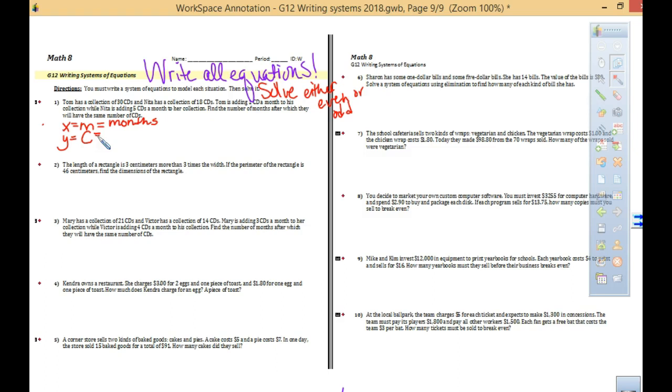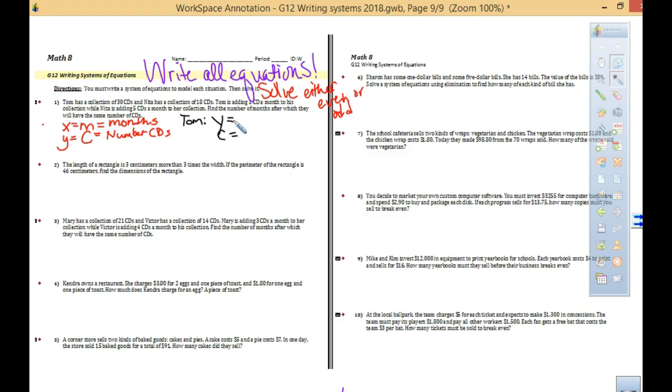So this is in your workbook. Because this is the number of CDs. Okay? And as I look at it, I am now going to do first for Tom. Tom's equation might be y, or depending if you like to use c. What's happening for Tom if we look at his situation?